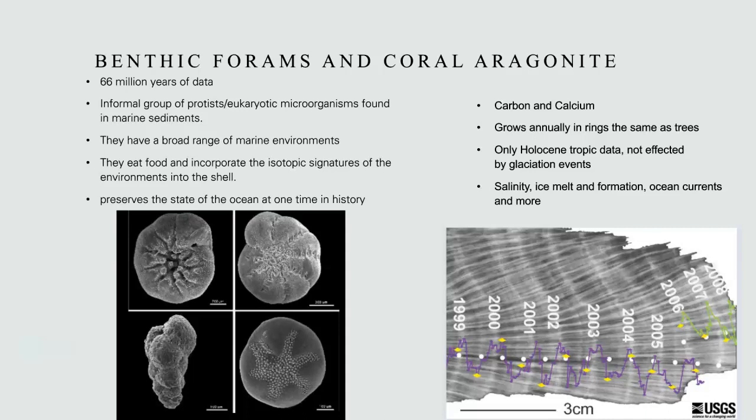Corals are, like I said, banded in the same way that trees are, but their skeletons provide climate data about the sea surface temperatures and the sea surface salinity, either through their oxygen isotopes or the strontium to calcium ratios in their skeletons. On this slide, it says carbon to calcium. It should say strontium to calcium. Sorry about that.